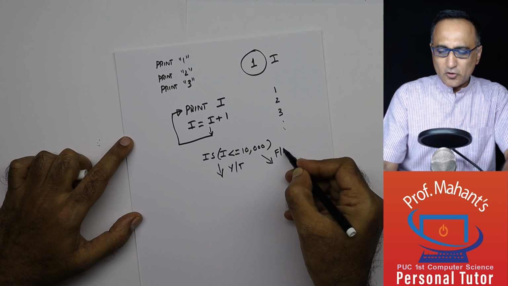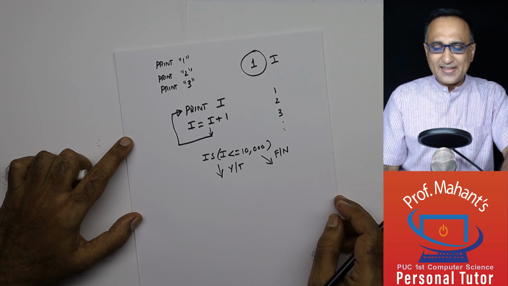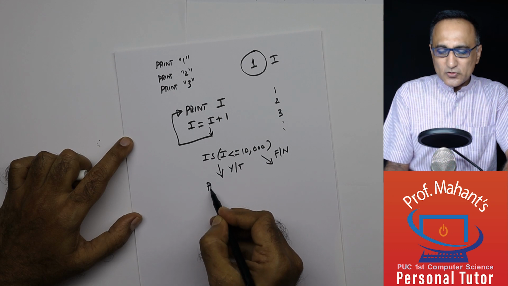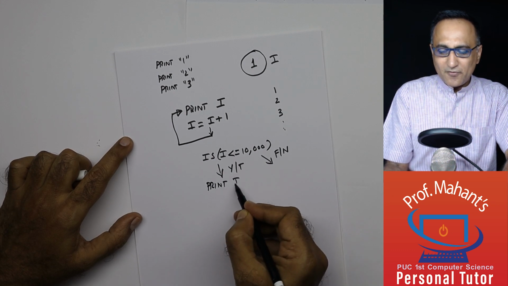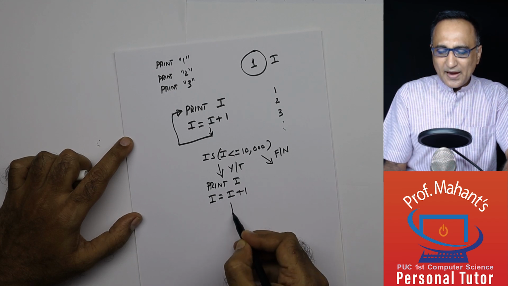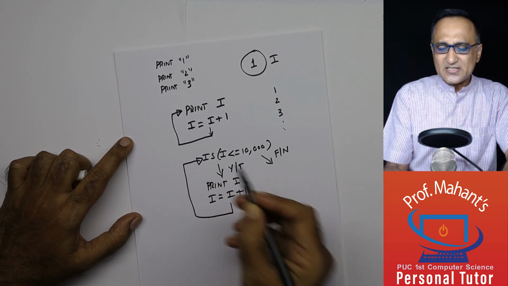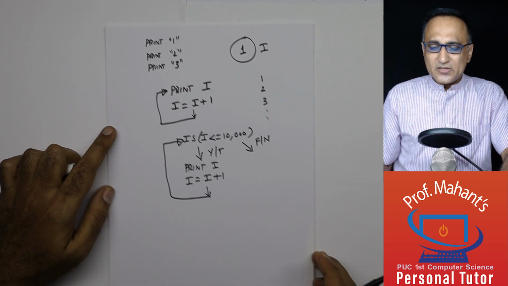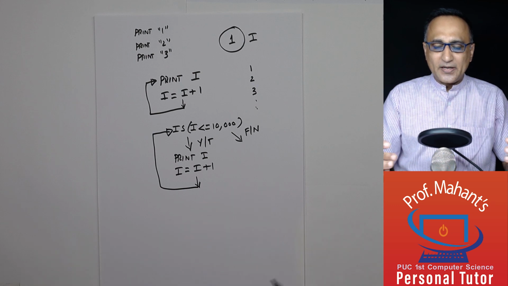If it is false or no, I can do something else. If the value of I is less than or equal to 10,000, I can print the value of I, increase the value of I by 1 and keep doing this process till the value of I reaches 10,000. So this is an example of a loop or a repetition.